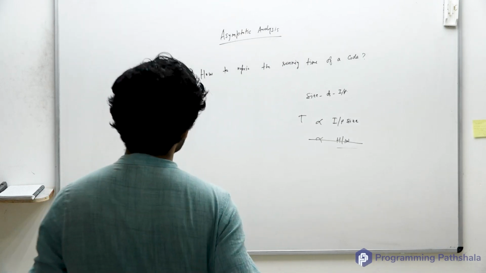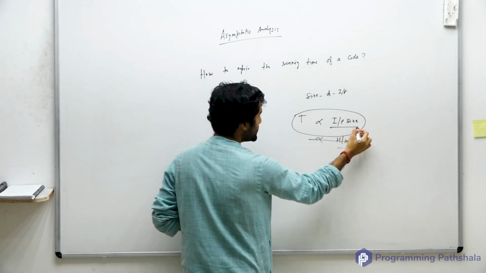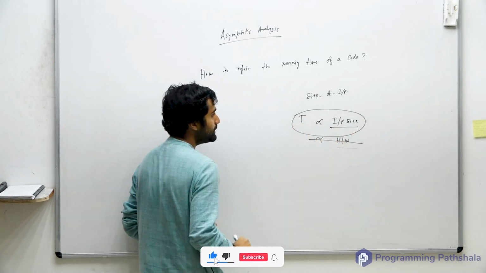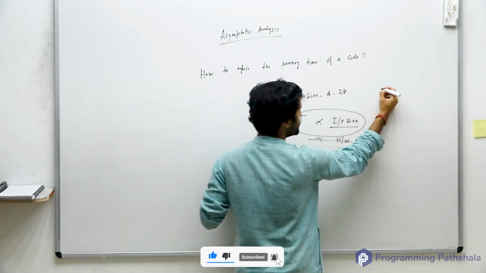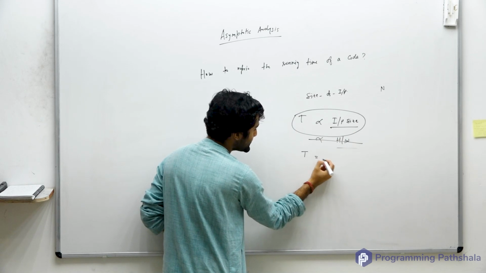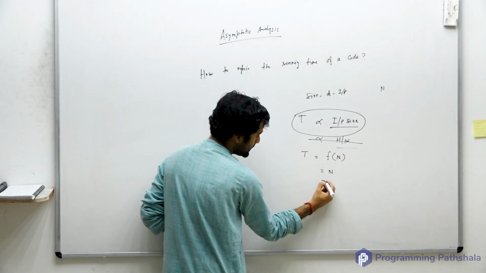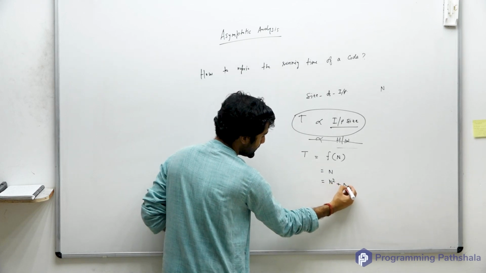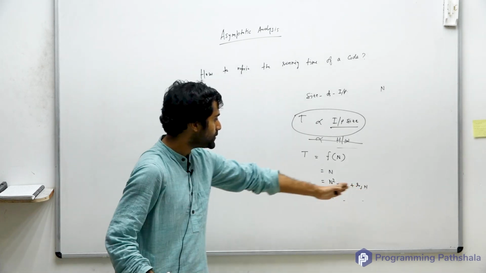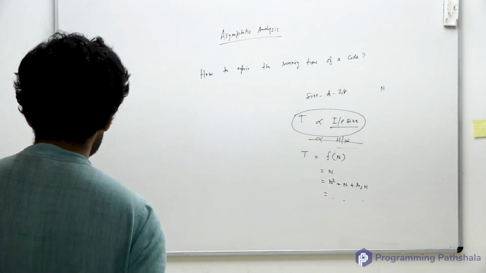So for the time complexity analysis, we will just be talking about the expression of time taken to run a code in terms of the input size. That is, if the size of the input is n, let's say the size of the array is n, then I should be able to express the running time as a function of n. It could just be n, it could be n square plus n plus log n, or it could be anything, but it should be expressible in n, where n is the input size.